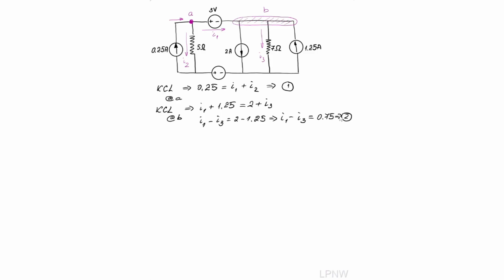Now if I compare 1 and 2, I have 3 variables but still only 2 equations, so I have to find a third equation. I cannot use any more nodes and current law, so let me use Kirchhoff's voltage law. I will combine the 2 voltage sources and the 5 and 7 ohm resistances, which I'm going to calculate the power for. So my loop is going to be here.